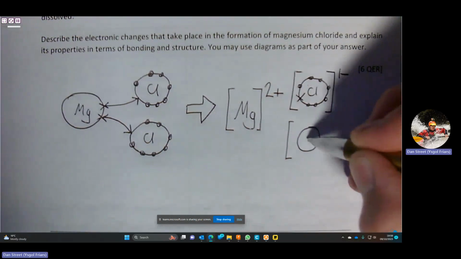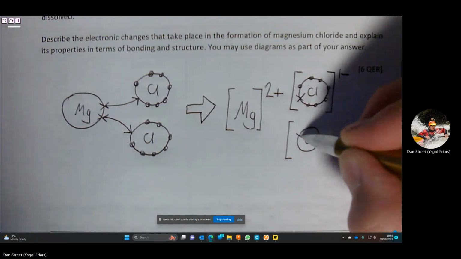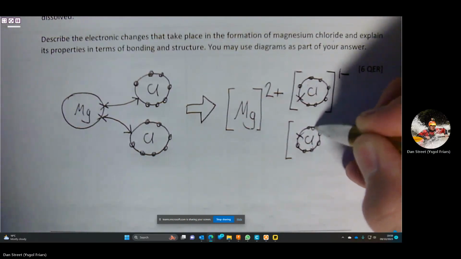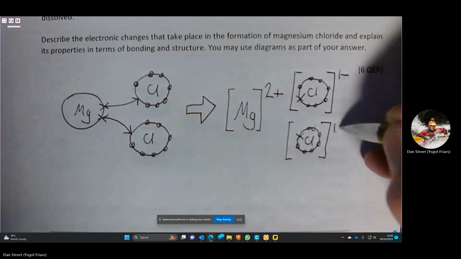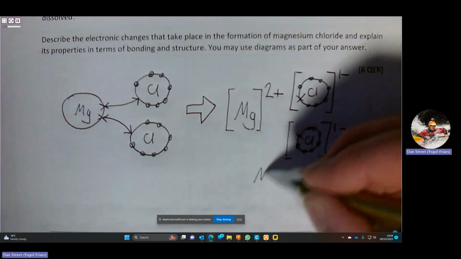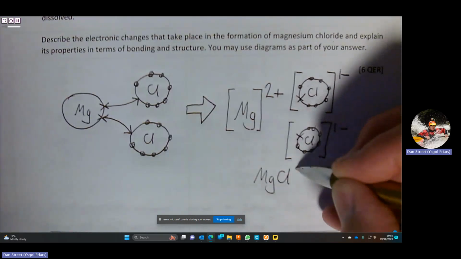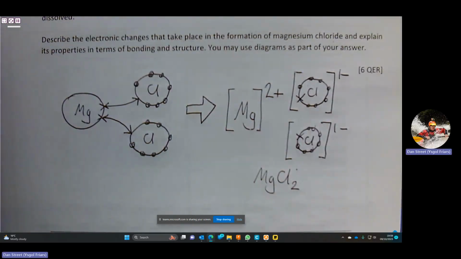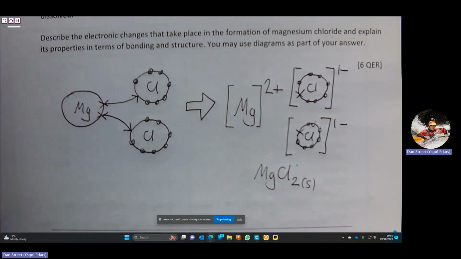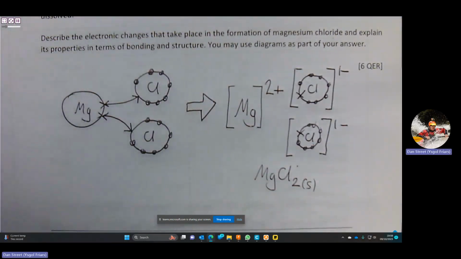And obviously, there are 2 of these, so I need to draw them both. The formula of this overall is MgCl2. And we could put (s) for solid because ionic compounds are all solids due to the high strength of the bonds between the positive ions and the negative ions.